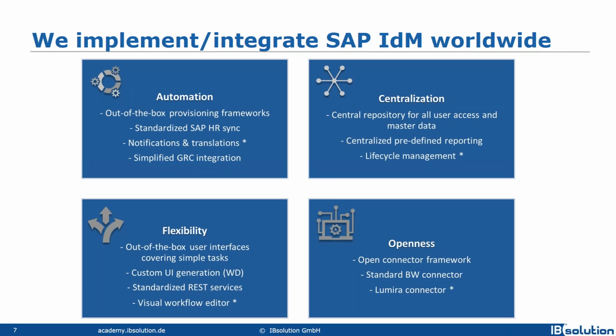And you're also able, if you have the resources and the knowledge, to build your own connectors for your own systems, if they are specific and not supported by the standard. There are also two connectors provided for additional reporting, like the standard BW connector, which is also available in IDM 7, and the Lumira connector, which is available from IDM 8. So much for the features which we already know.